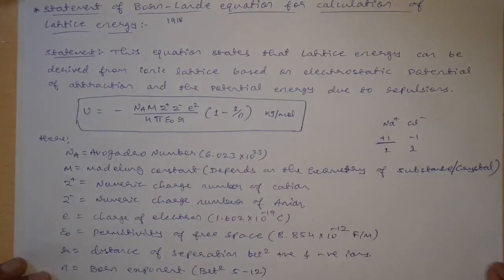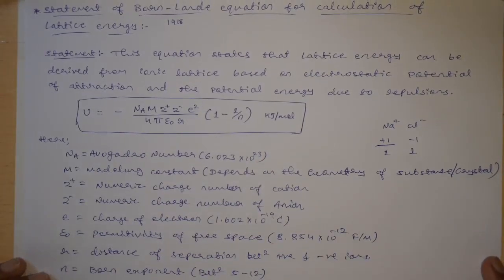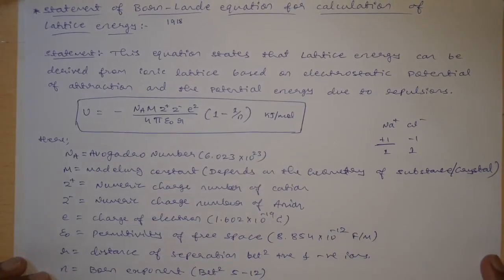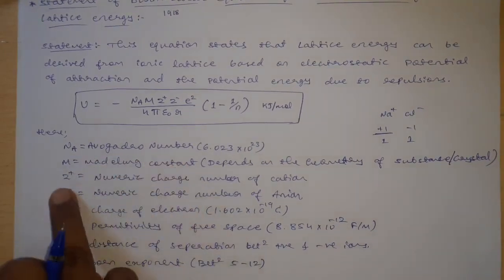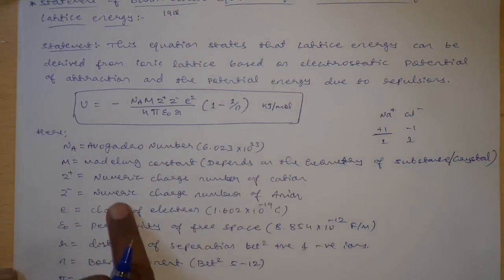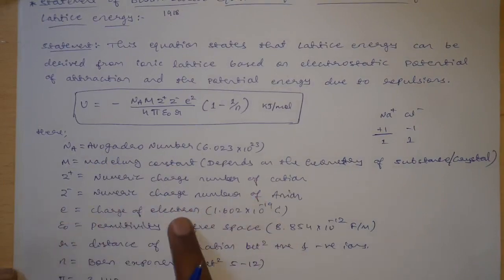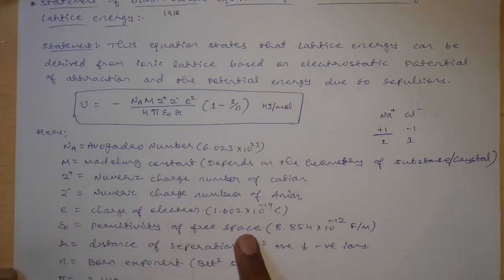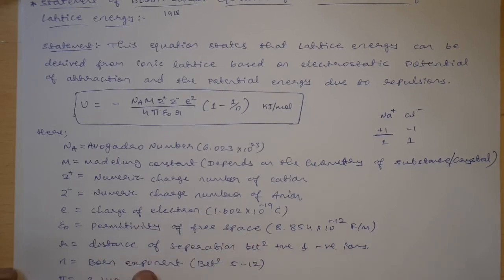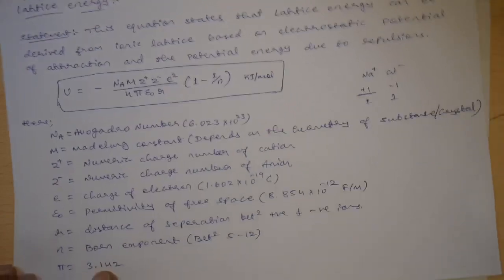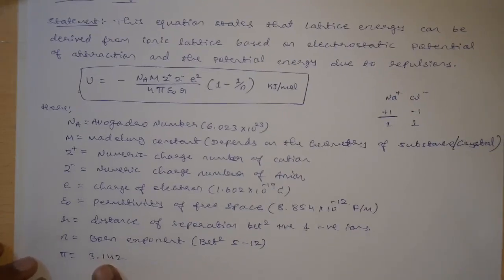This is all about the statement of the Born-Lande equation for the calculation of lattice energy. Here Na means Avogadro's number, M the Madelung constant, Z plus and Z minus the numeric charge numbers of cation and anion, E the charge on electron, epsilon naught the permittivity of free space, R the distance of separation between positive and negative ion, N the Born exponent, and pi value is 3.142. Okay.